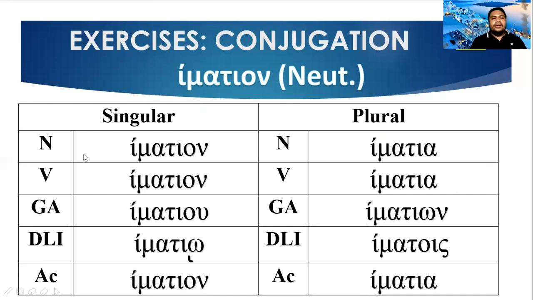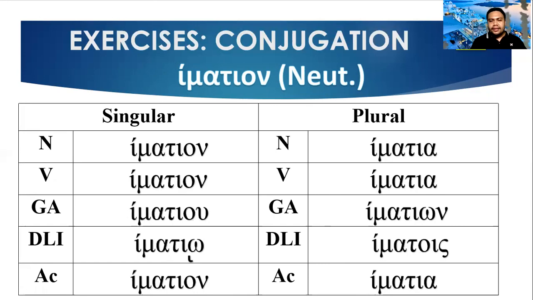Let's read the nominative, himation. Vocative, himation. Genitive, himatiou. Dative, himatio. Accusative, himation. So the NV and accusative are the same in the singular as well as in the plural of the neuter nouns. For the plural, nominative, himatia.